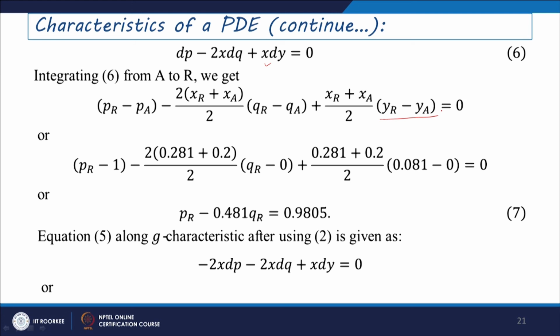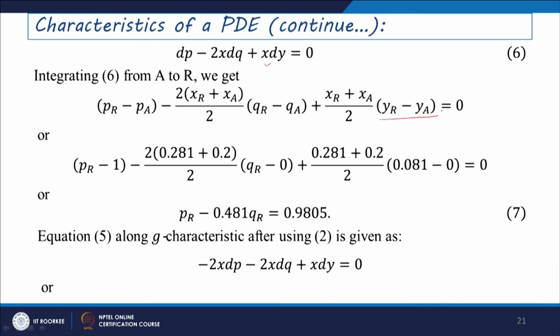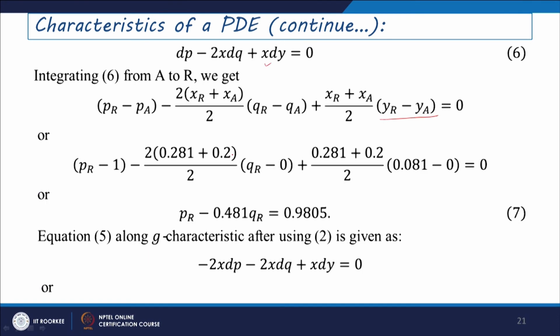And if you put all these points here, with the point as (1, 0) that we are considering, it is written as pr minus 1 minus 2 into the average points we have already computed here as (0.281 plus 0.2)/2 into qr minus 0 plus (0.281 plus 0.2)/2 into 0.081 minus 0, this equals to 0.